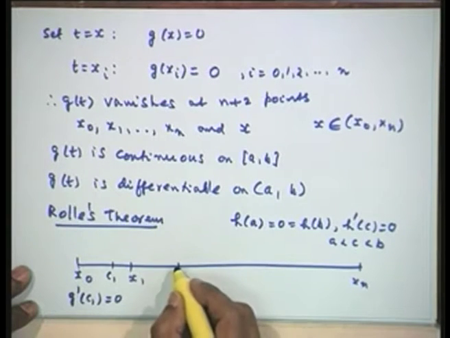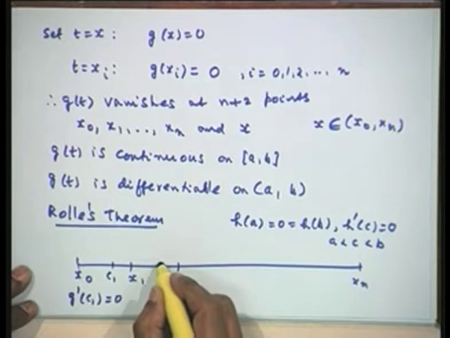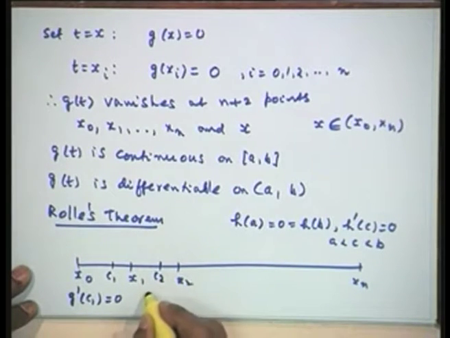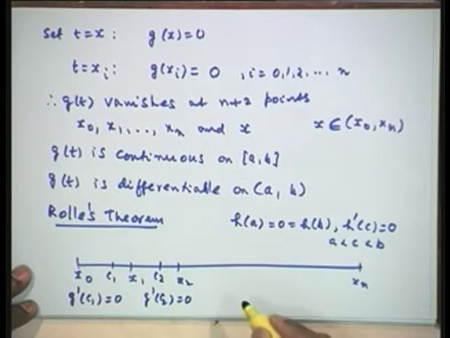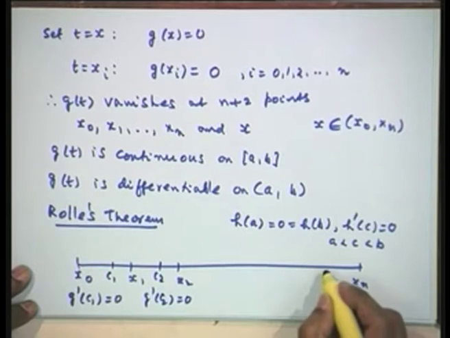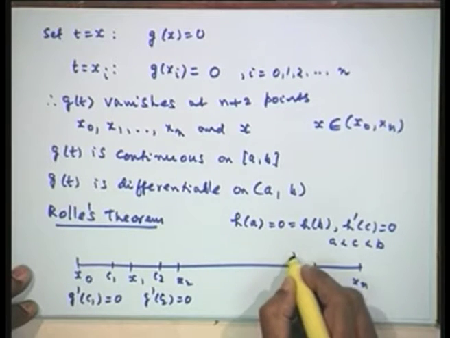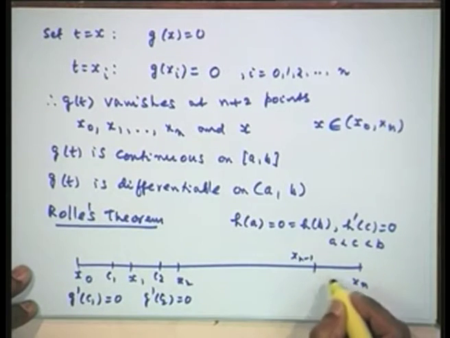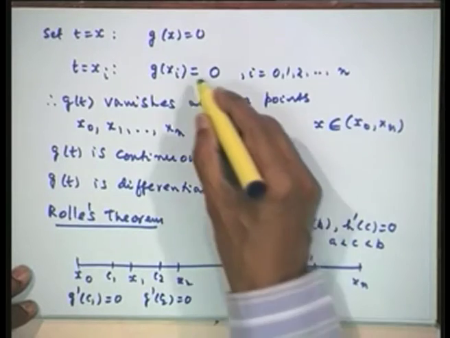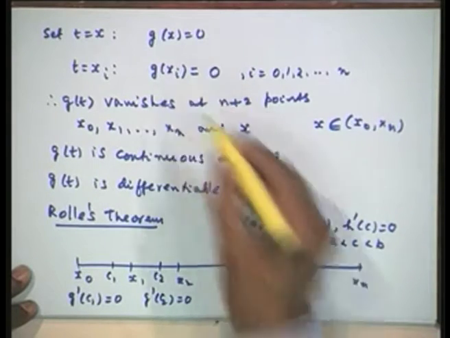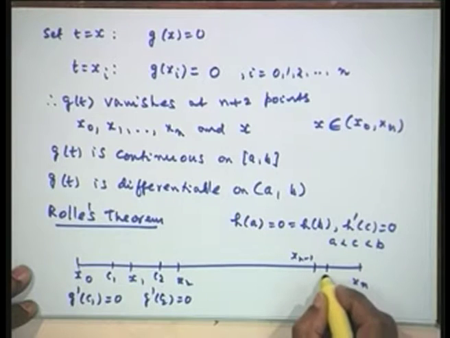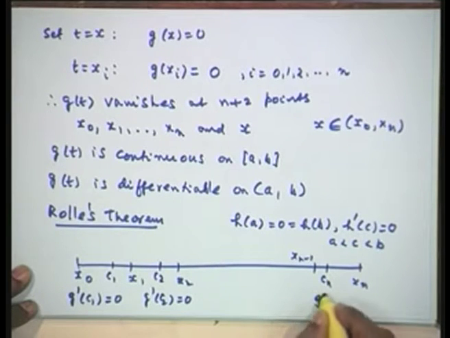Between x_1 and x_2, g(x_1) is 0 and g(x_2) is 0, so again there exists a point c_2 at which g'(c_2) is equal to 0. If I go to the last interval, g(x_{n-1}) is 0 and g(x_n) is 0, therefore there exists a point c_n at which g'(c_n) is equal to 0.